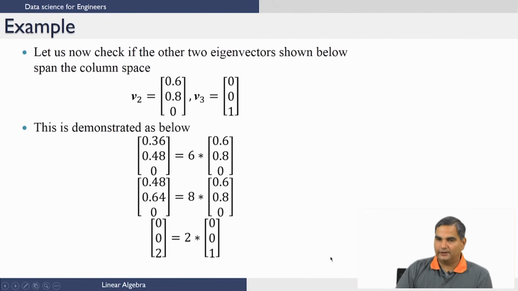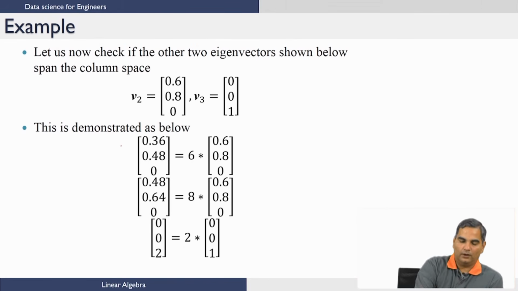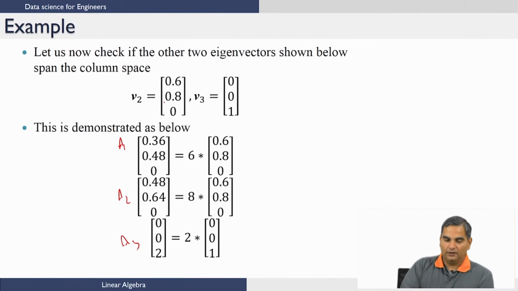Now, let us do the last thing that we discussed. Let us now check if the other 2 eigenvectors shown below, for the other 2 eigenvalues, span the column space. What I have done here is I have taken each one of these columns from matrix A. This is column 1, so this is A1, this is A2 and this is A3. Column 1 is 6 times nu 2, column 2 is 8 times nu 2, and column 3 is 2 times nu 3.